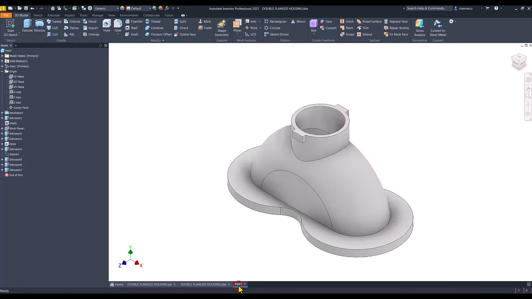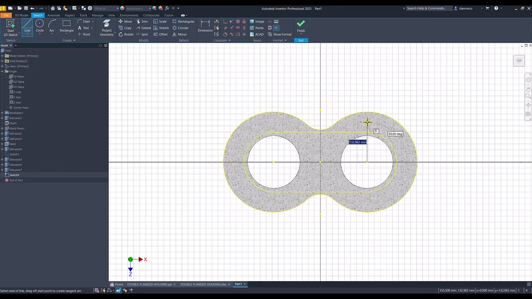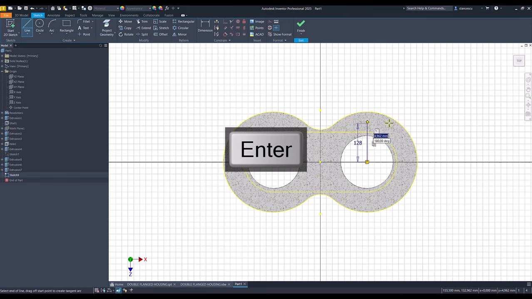I select this face, I turn it in a normal position with X to the right, F7, I draw a line, my friends, vertical line, with dimension of 256 divided by 2. You see?